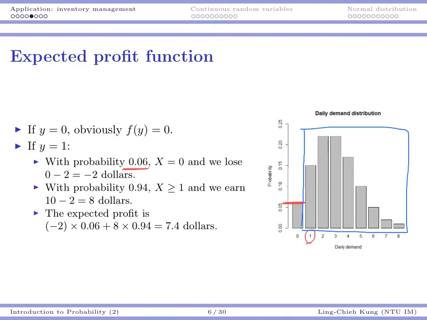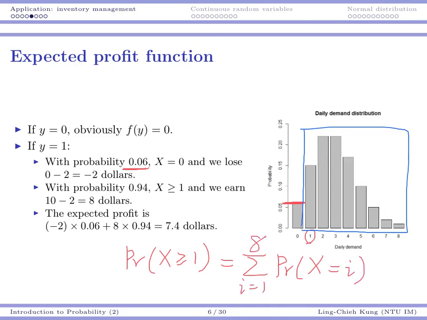According to the probability law you learned 2 weeks ago, let me write it down. You know the probability for x to be at least 1 is the sum of probabilities for x to be a number that is greater than or equal to 1.